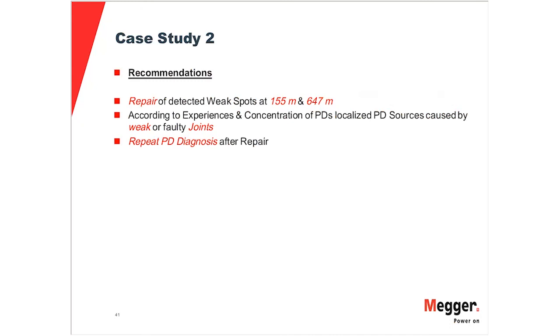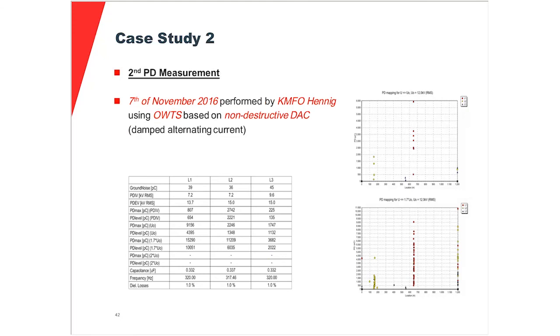Then we further recommend to repeat the PD measurement after the repair, just to make sure that these repairs have been done in a proper way. Now again, the next measurement was on 7th of November, performed by the same company, and you see that at 155 meter the PD has not 100% disappeared, but at a much lower level.